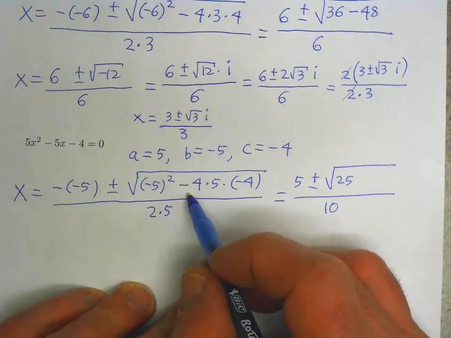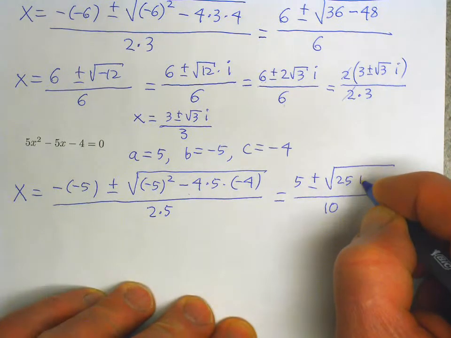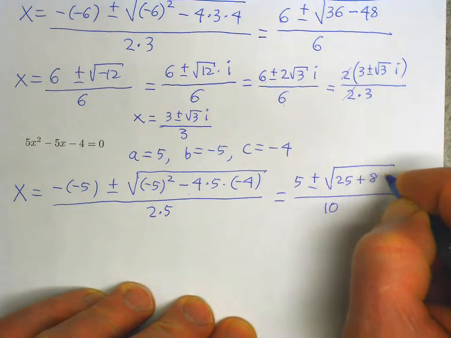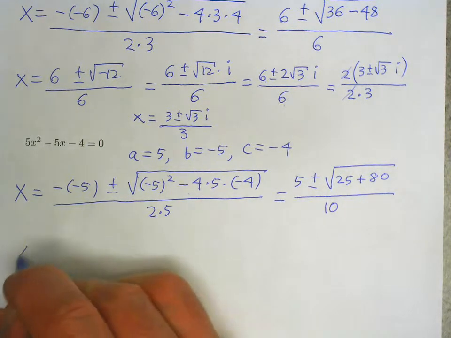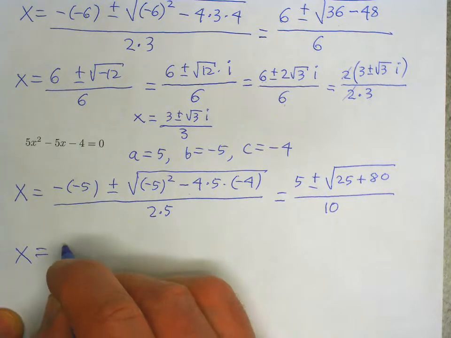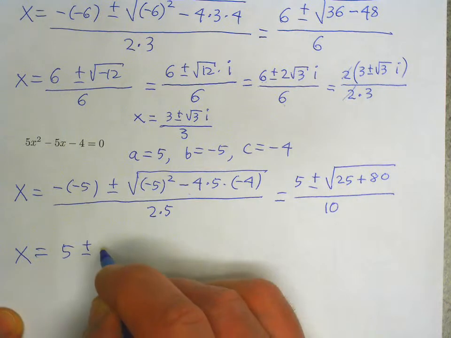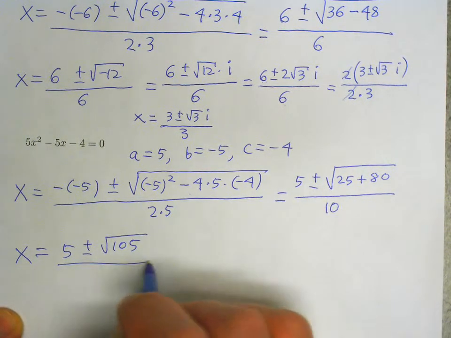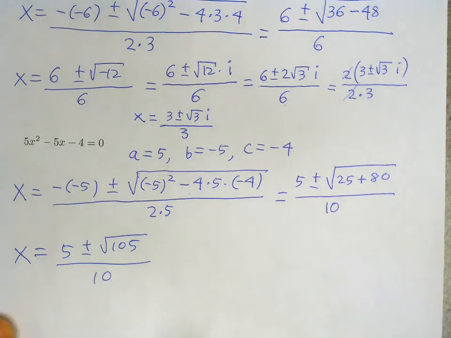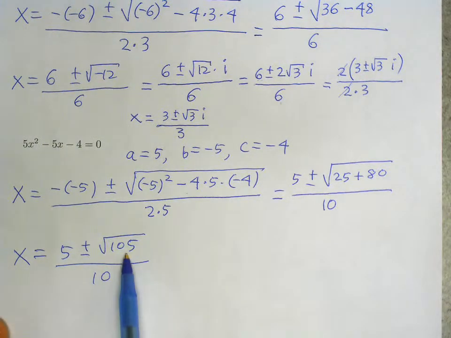Well, we're subtracting a negative. We're subtracting negative 80, so that's plus 80. So this is x equals 5 plus and minus the square root of 105, all divided by 10. Okay, the square root of 105 cannot be simplified, so this is the final result.